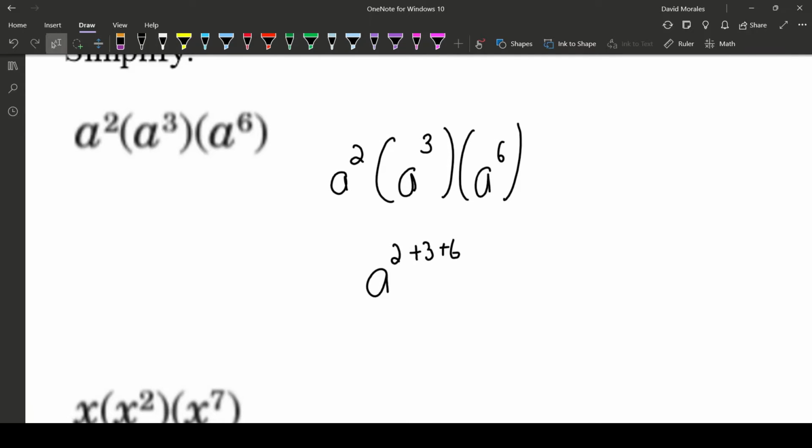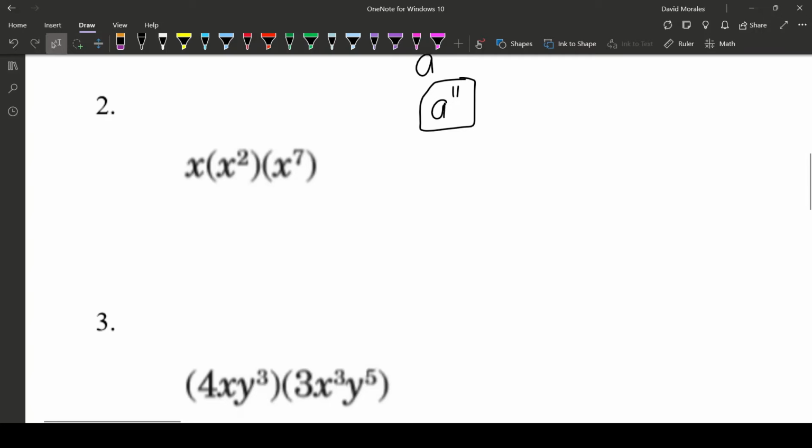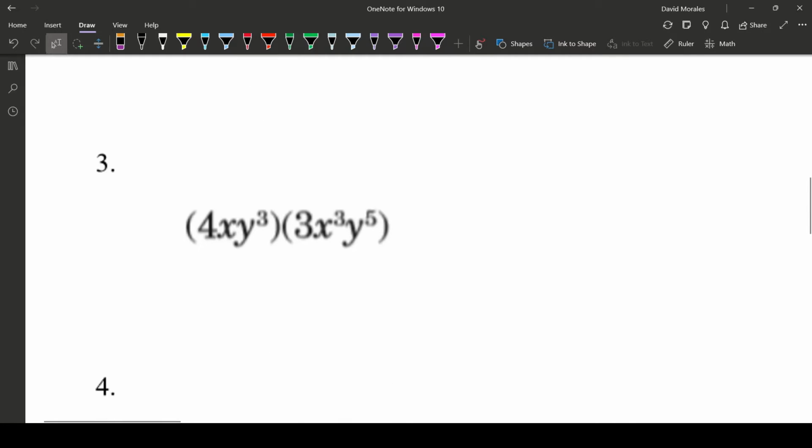Well, 2 plus 3 is 5, plus 6 is 11, and that would be my answer. Not bad, right? So that's how you would do problem number 2 and problem number 3.